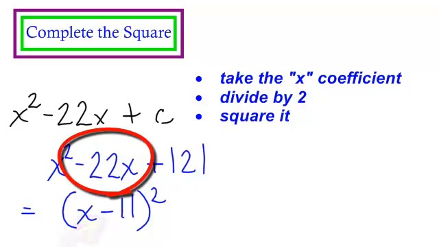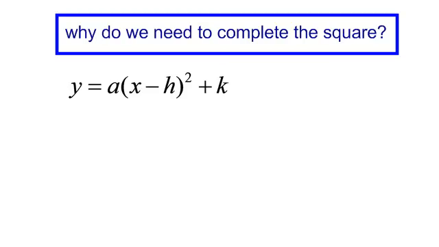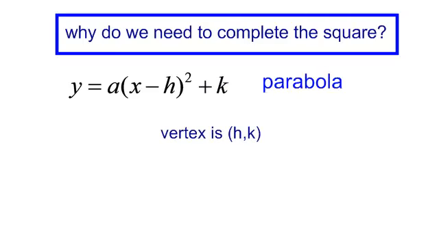So now you're wondering, why in the world do I need to complete the square? Why do I have to know how to do this? Well, remember this formula? Y is equal to a times x minus h squared plus k. That is a parabola. And when it's in this form, you can easily know that the vertex is (h, k). But look what this form has in it. It has a binomial squared.